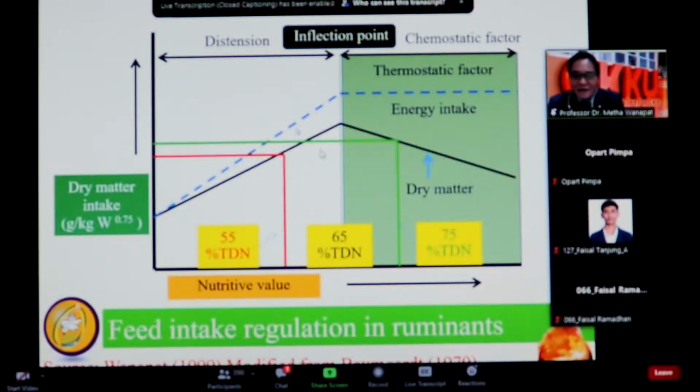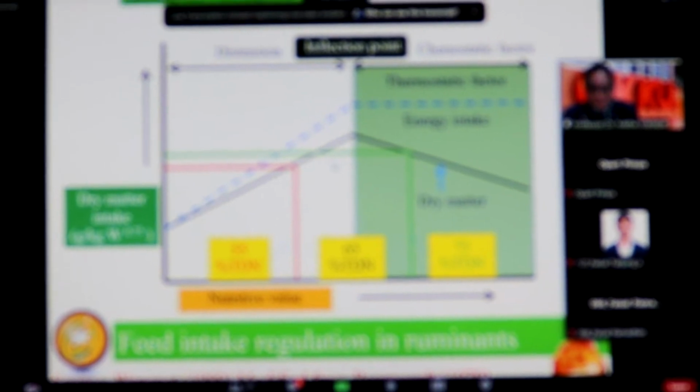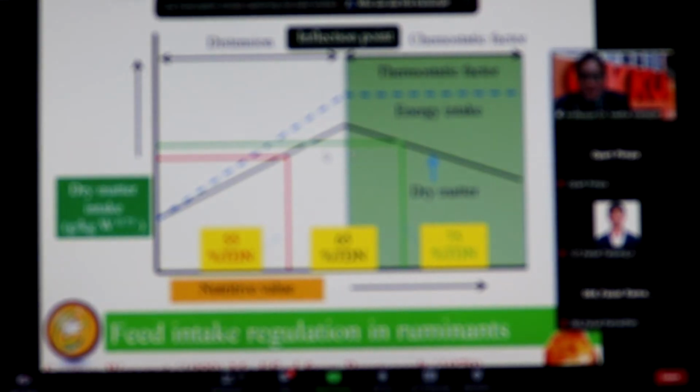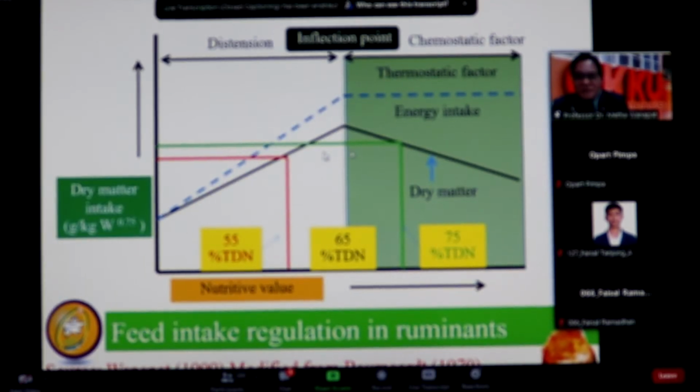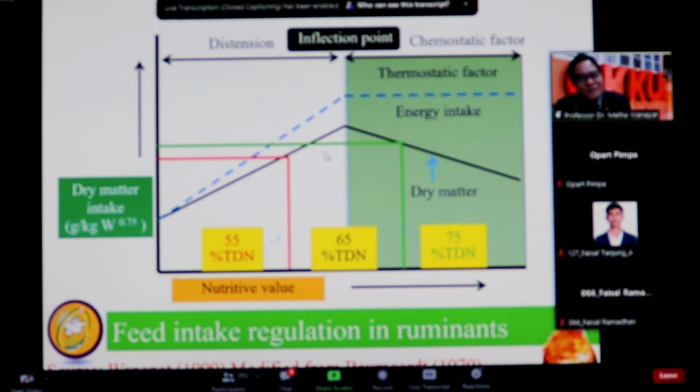You can see here, theoretically, the intake of the ruminant is very important, especially the intake of fibers, the intake of poor quality roughages. Roughages are not sufficiently consumed by the animal because of quality.